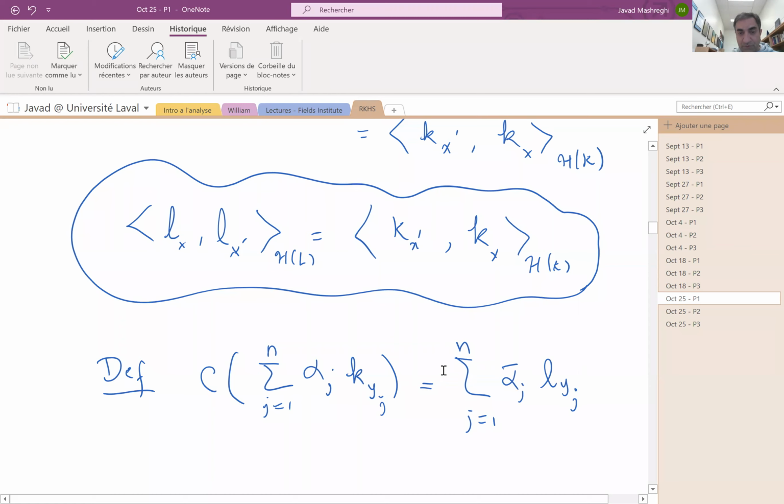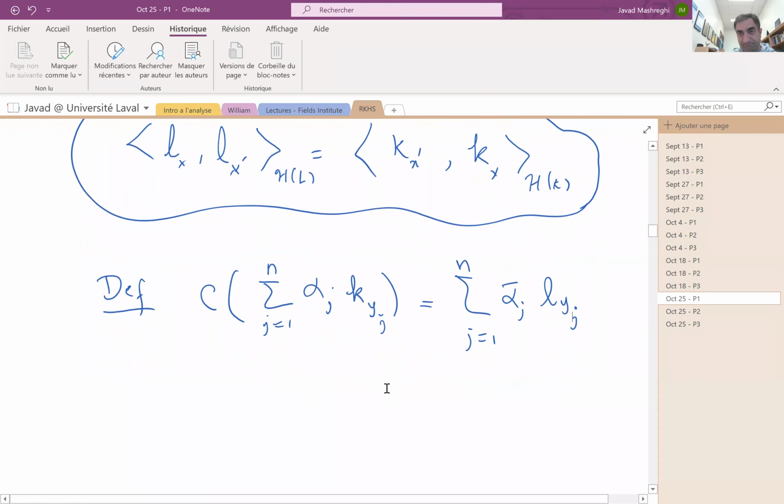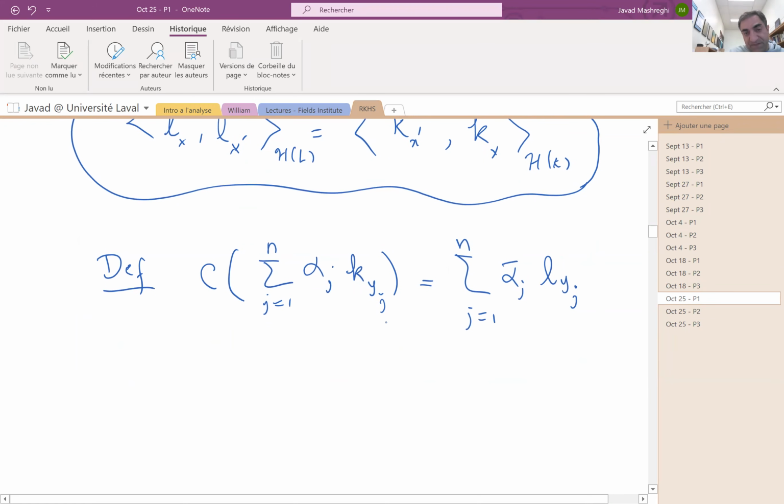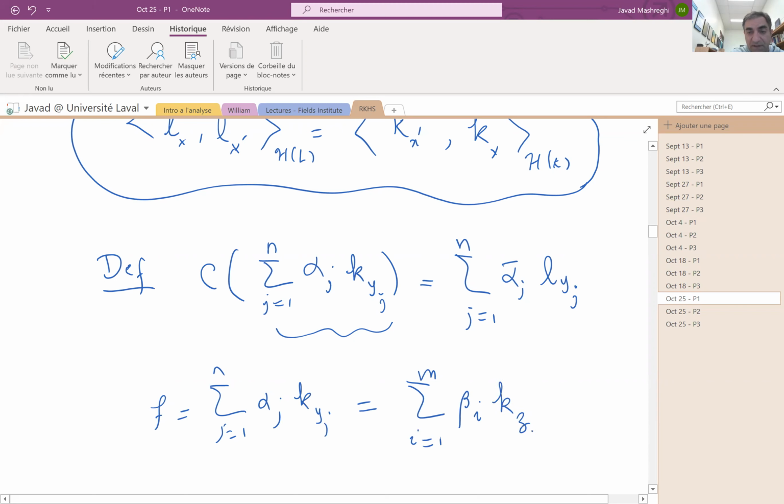How to show that? I mean, this is well defined because this is an element of this space, but the representation is not necessarily unique. I mean, F, which is of the form sum j from 1 to n, alpha j k y j, might also be of the form sum i from 1 to m, beta i k z i, with another set of points.